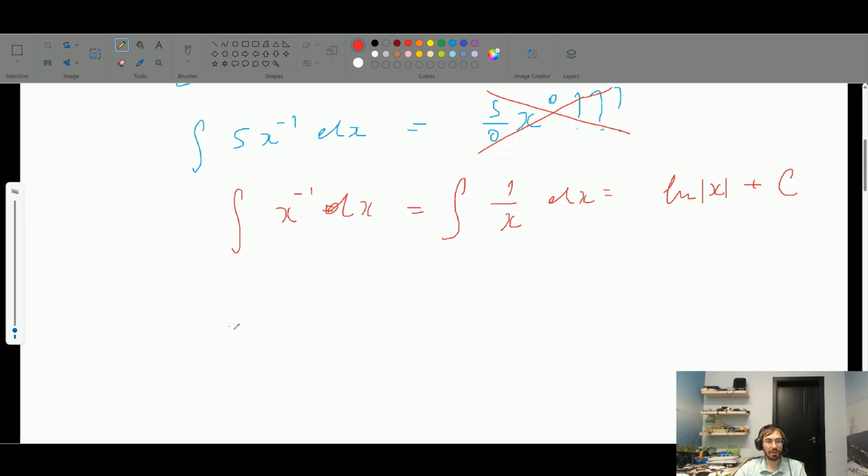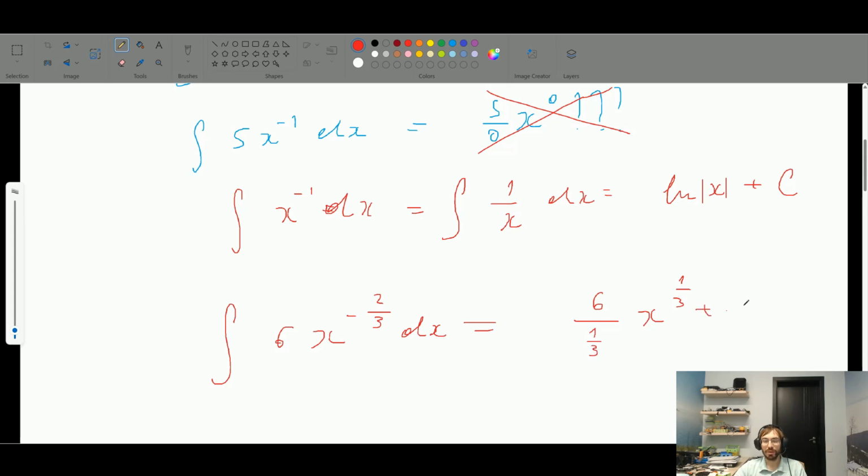In all other cases, this standard method works. For example, if we have integral of, let's say, 6x to the power minus 2/3 dx, no problem. We can integrate it. We can raise the power of x by 1, minus 2/3 plus 1 will be 1/3, and then we will divide 6 by 1/3.